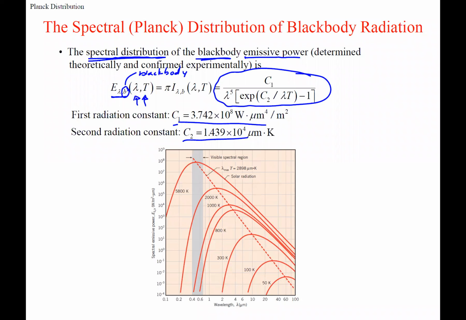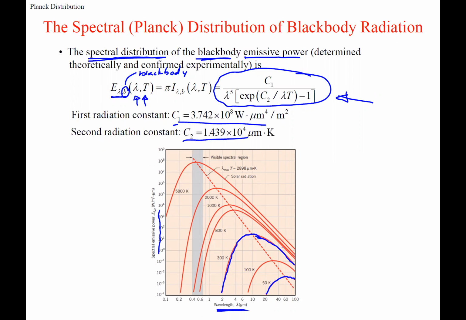If we put in 50 Kelvin and draw our curve, we get this curve right here, across all our wavelengths. Here's our spectral emissive power. At 300 Kelvin, which is your table, you get this emissive power. That's the curve for your table emitting radiation.